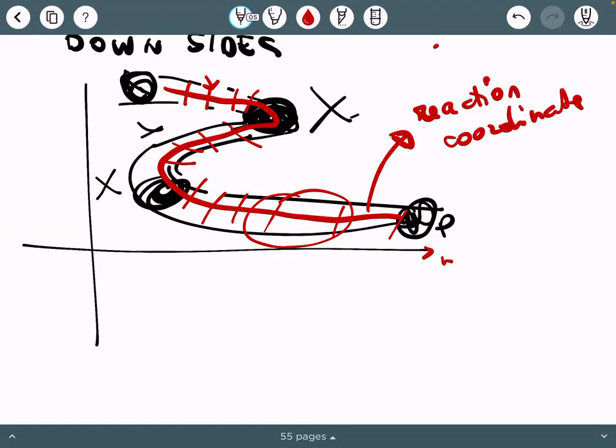If I knew the reaction coordinate, then I could perfectly interpret the data. I can actually project it on a single dimensional manifold and get something out. But in general, I don't know the reaction coordinate beforehand.